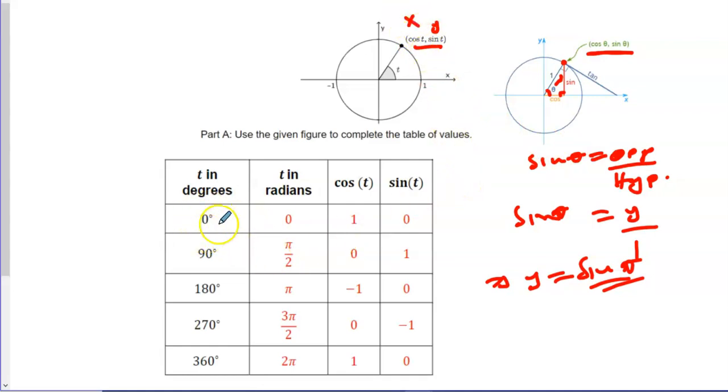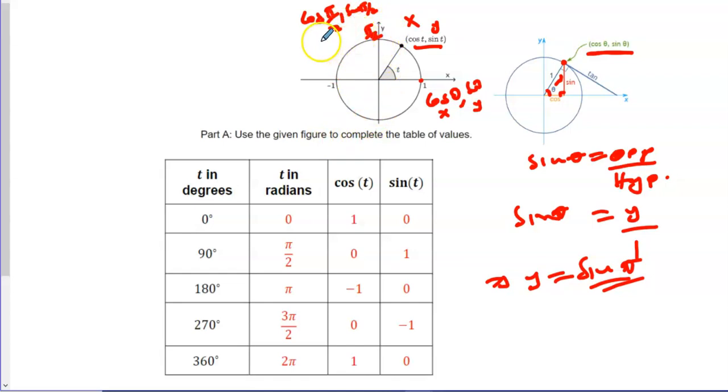And so when we come to 0 degrees here, the value of the angle is going to be cos 0 and sin 0. And that cos 0 is going to give us 1 because we have only the x value. This is our x and that is our y. And then our sin 0 is going to be 0. At pi on 2, we have the values there to be cos pi on 2 and sin pi on 2.